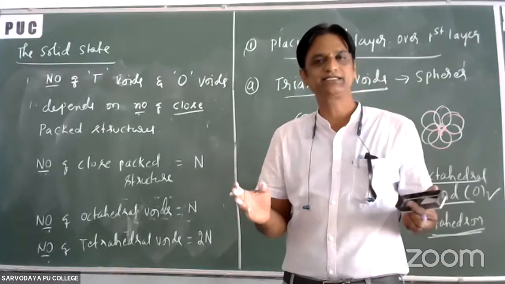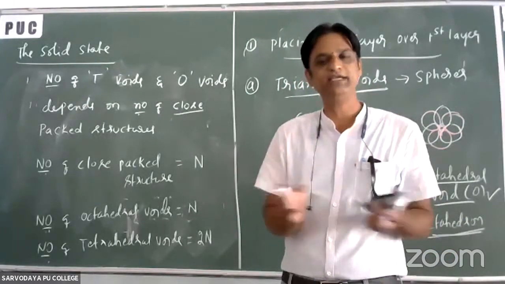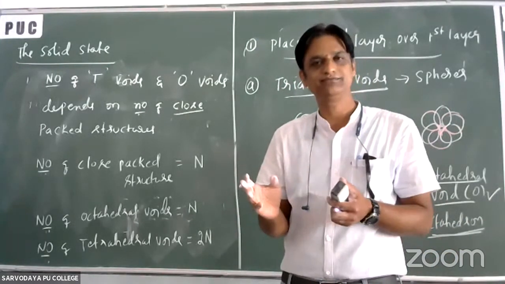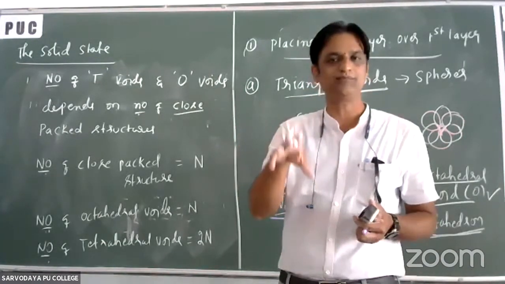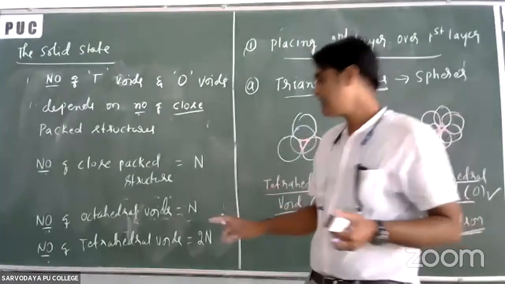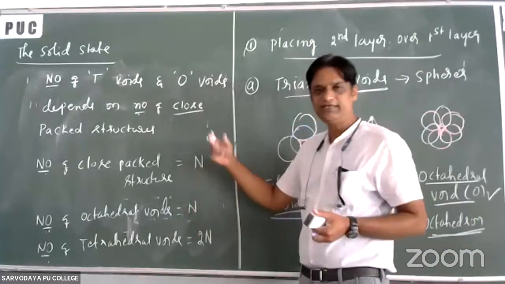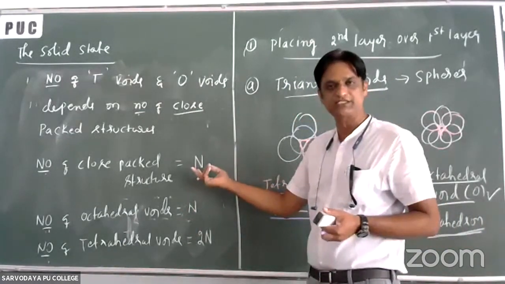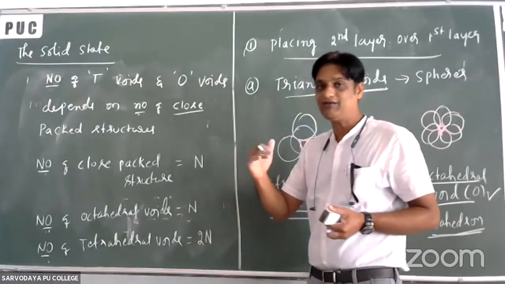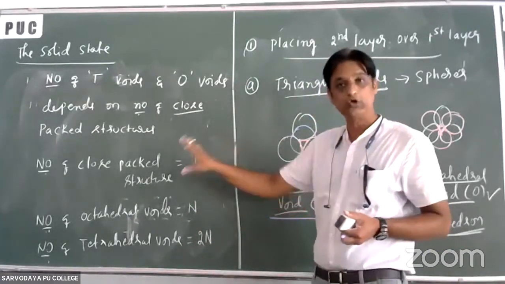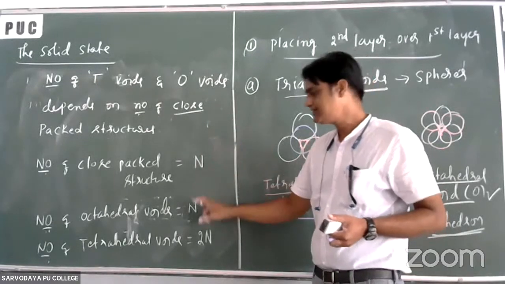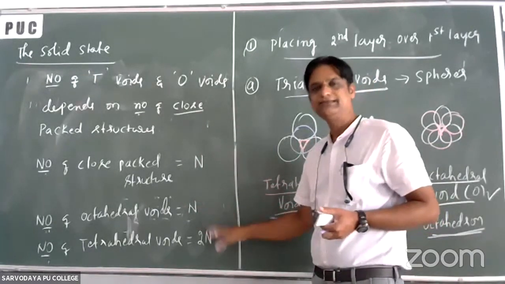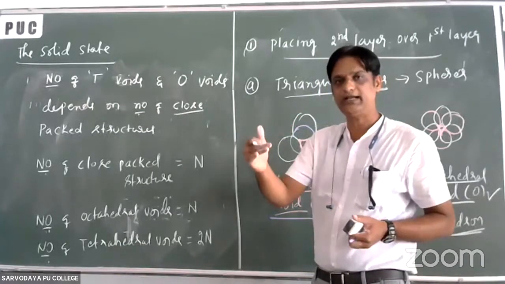In a crystal lattice, the number of close packed spheres is 100. How many octahedral voids and tetrahedral voids are produced? So the number of octahedral voids will be the same as the number of close packed structures. The number of tetrahedral voids is twice the number of close packed structures. So if close packed structures are 100, octahedral voids are 100, tetrahedral voids will be 200.